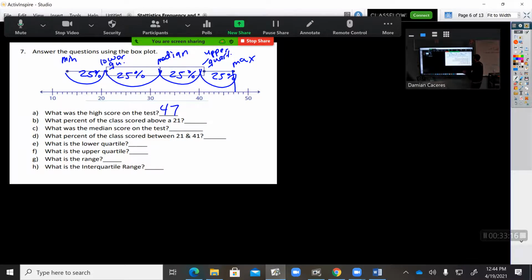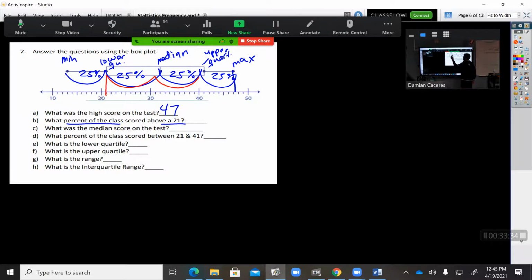Next, what percent of the class scored above 21? So let's just mark where 21 is. 21 is right here. Above would be to the right or to the left? To the right.